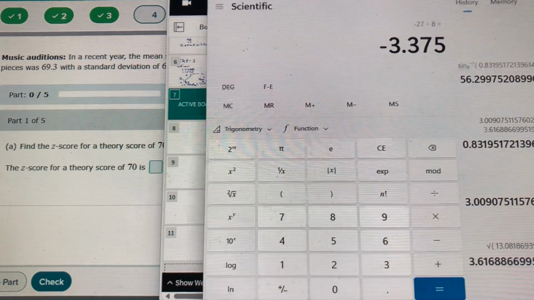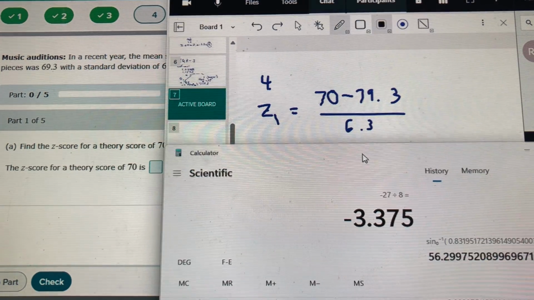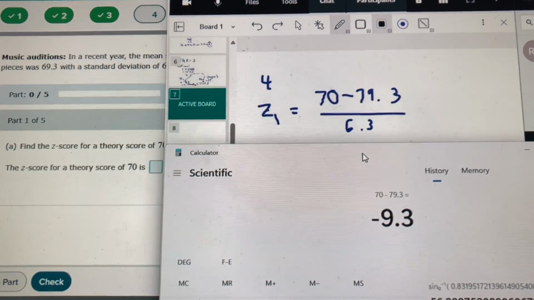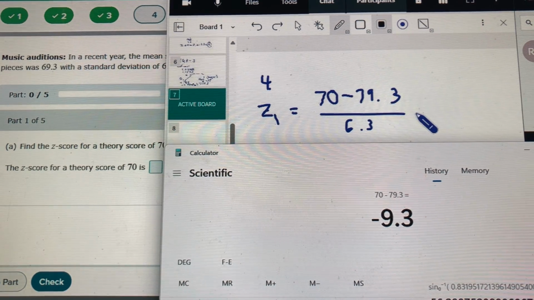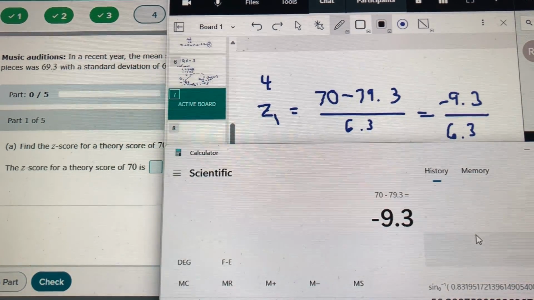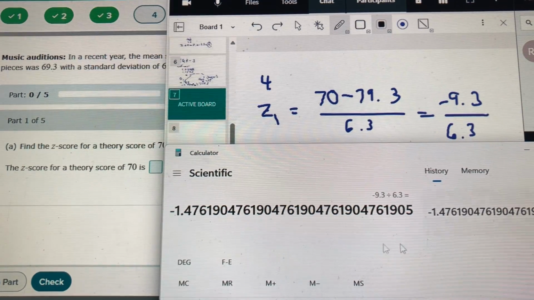I'll just pull up the simple calculator here because it'll go quicker. 70 minus 79.3 is negative 9.3, divided by 6.3 is negative 1.48. Remember, we round these to two decimals: negative 1.48.